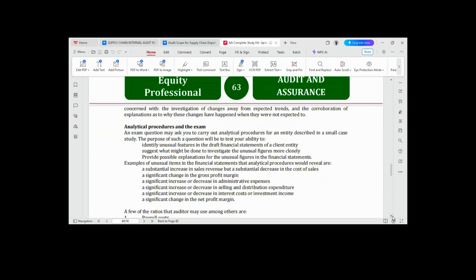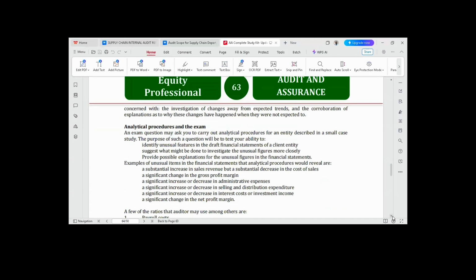So let's look at this question that explains analytical review procedures, and the exam. An exam question may ask you to carry out analytical review procedures for an entity described in a small case study.